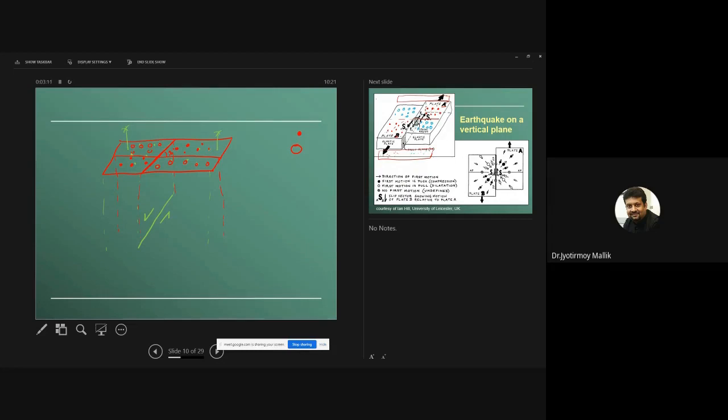the projection of two vertical planes, right? Now, suppose this is north, this is south, this is east, this is west, just to make our life easier. If I put that in a stereographic projection, how would I put it? A north-south vertical plane will look like this, and an east-west vertical plane will look like this.